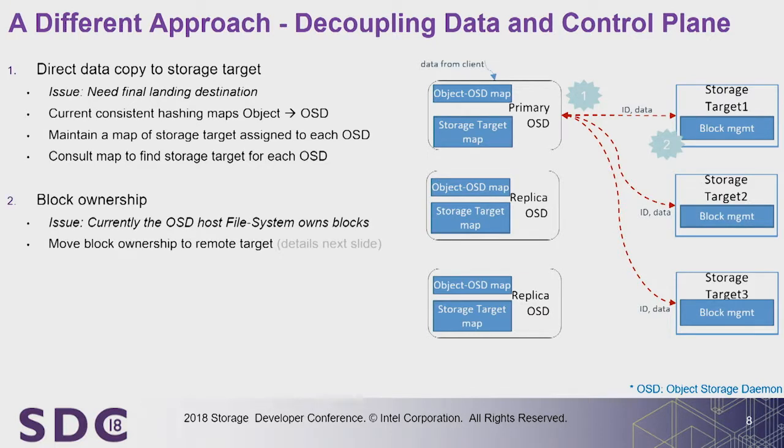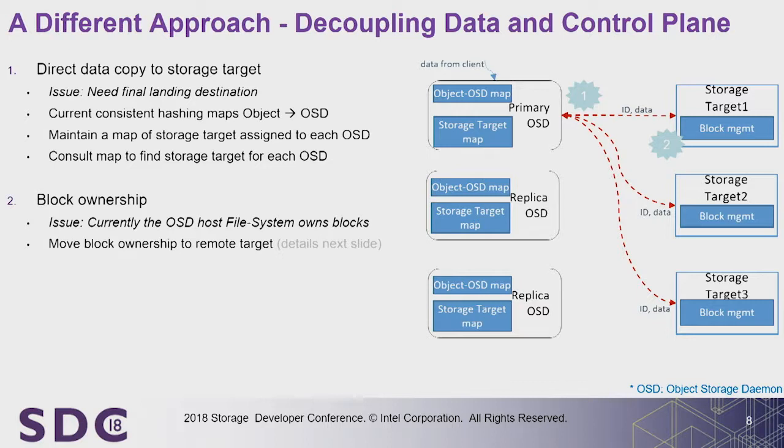Okay, you did that, but now we have the next issue: who owns the device blocks? Currently, the owner of the device blocks, where the data eventually lands, is the host file system, or in the newer versions of Ceph, BlueStore.